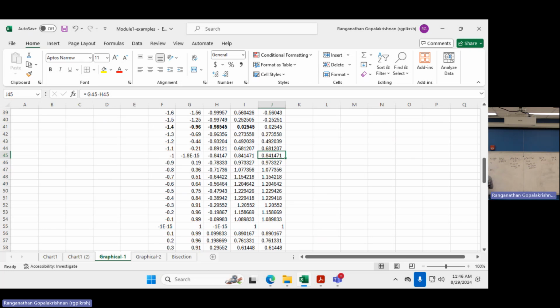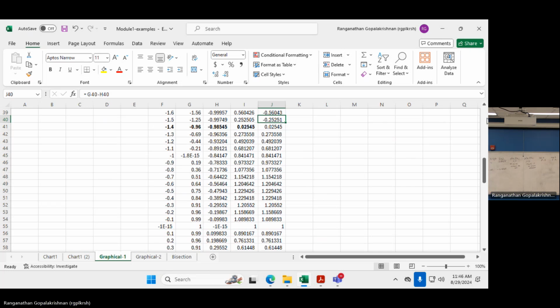Compute f of x naught, what is f of minus 1.5? Correct. Negative 0.2525.